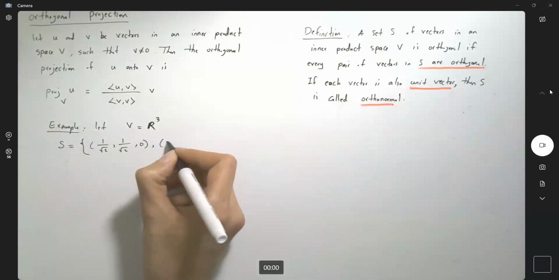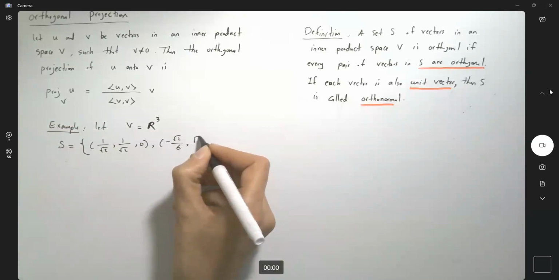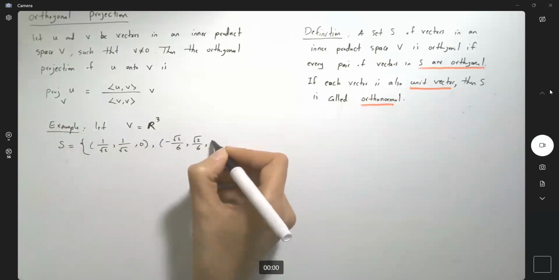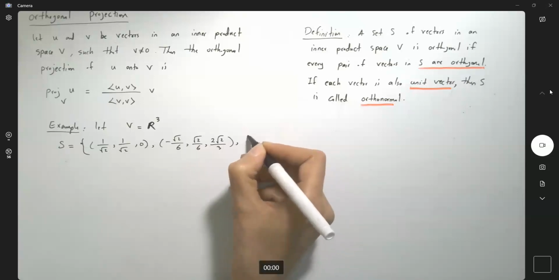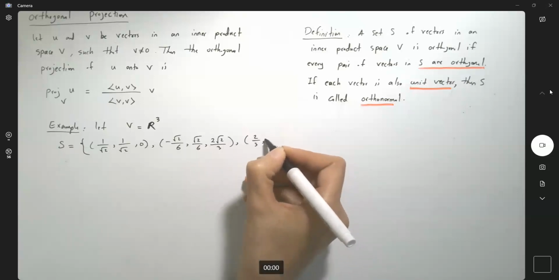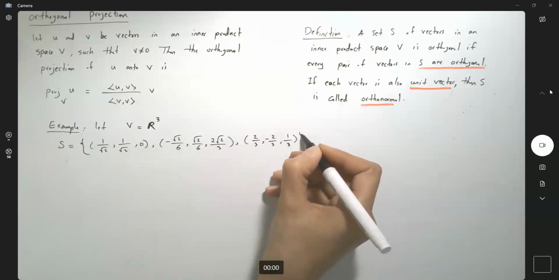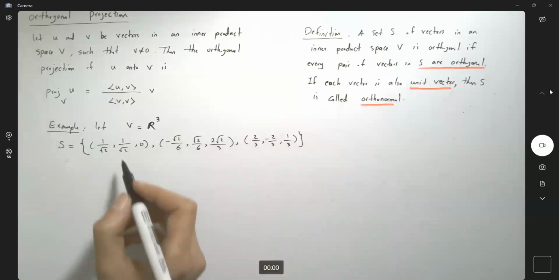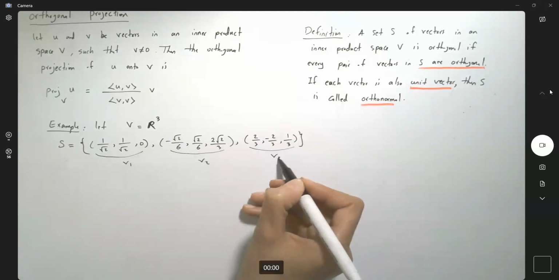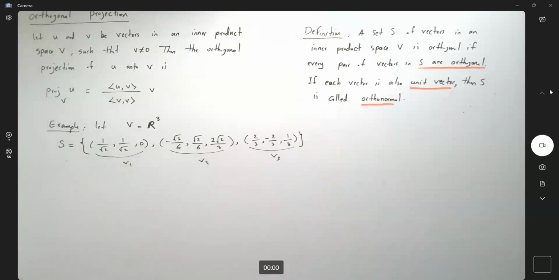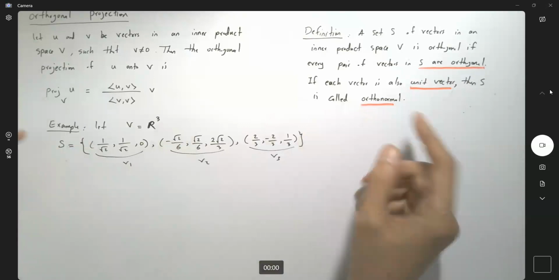The second vector is negative square root of 2 divided by 6, square root of 2 divided by 6, and 2 square root of 2 over 3, and the last vector is 2/3, negative 2/3, and 1 over 3. We have 3 vectors here, V1, V2, V3, very good. Is set S orthonormal? Check.